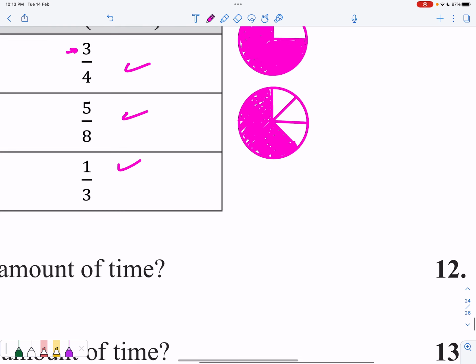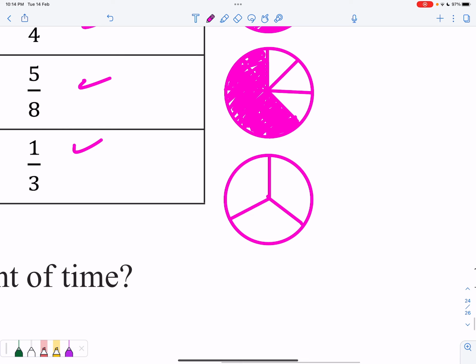Let's do that. Okay, so 3 parts are like that, I guess. Something like that. So 1 part, let's color 1 part. That seems okay.